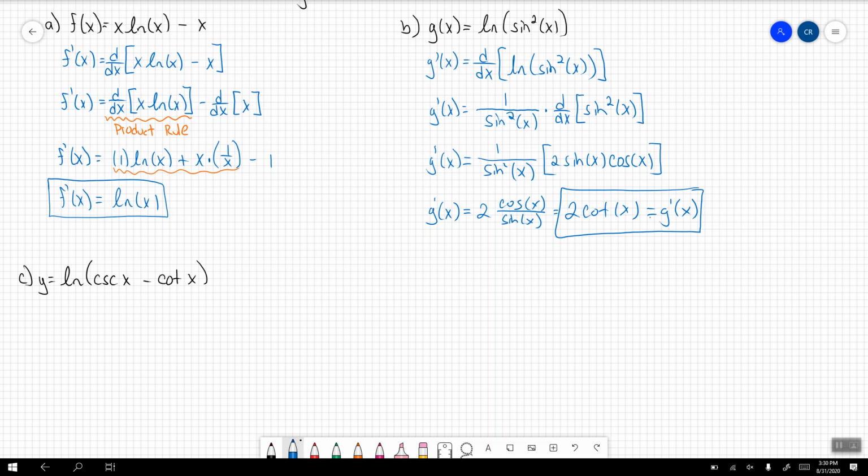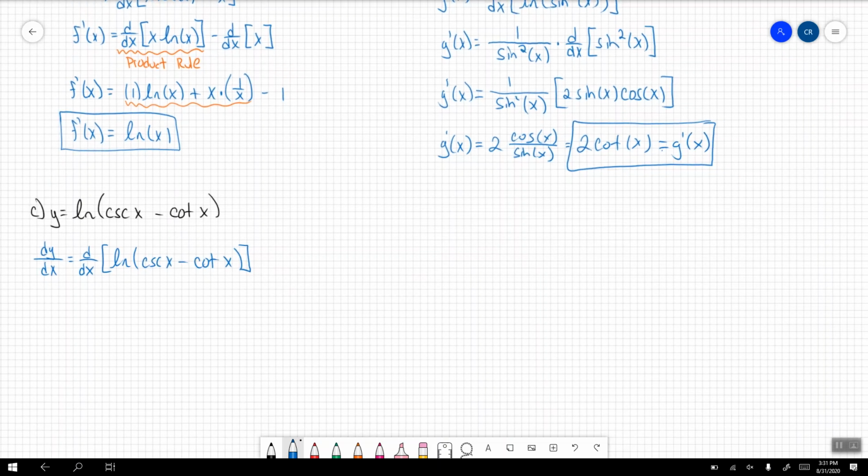So here we go. We want to again take the derivative. So we're going to apply the derivative dy dx, because again the variable here is x, and that means I'm going to be taking the derivative of the right hand side with respect to the variable x. Now you're going to notice that the natural log function is the function that we're taking the derivative of. So we need to take that derivative explicitly, but we are going to incorporate the chain rule.